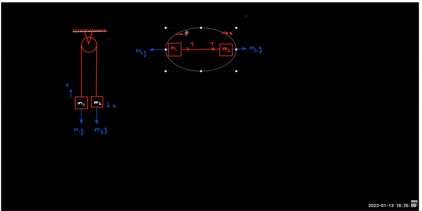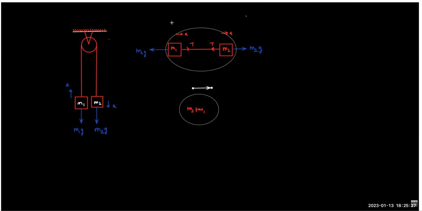If I replace them by a single mass, what is the total mass of this system, guys? M1 plus M2. And this combined mass is going towards the right.